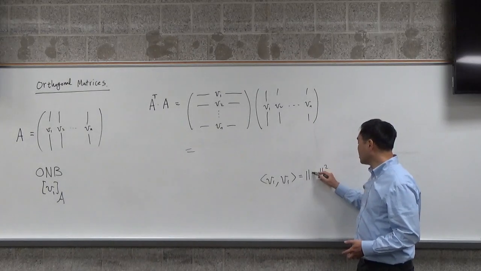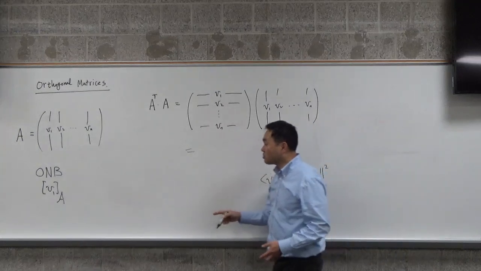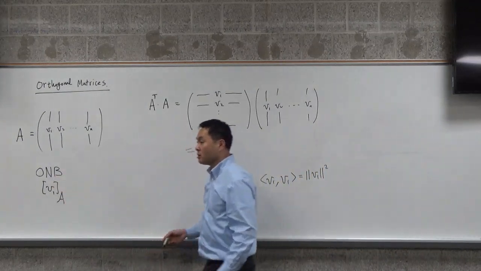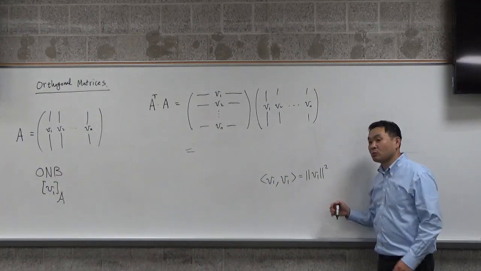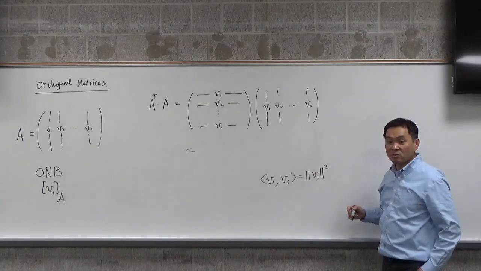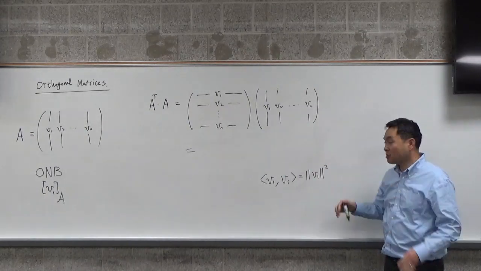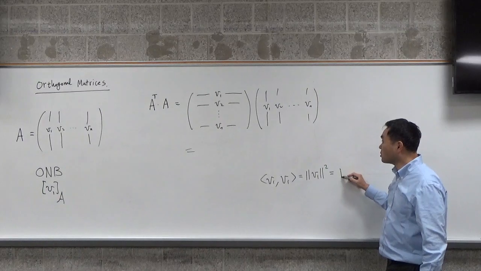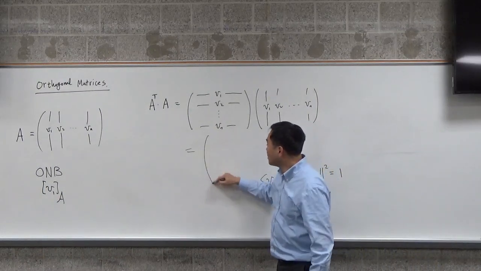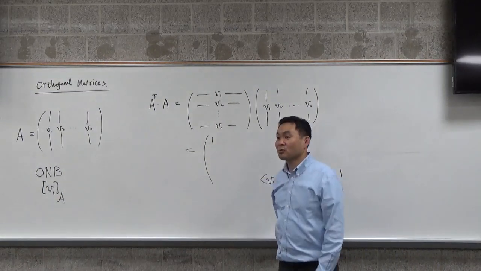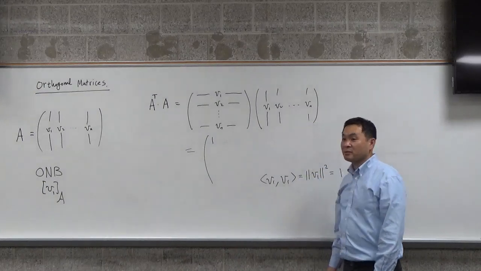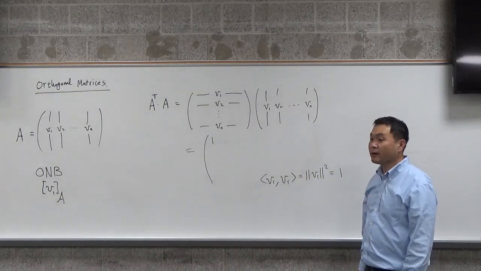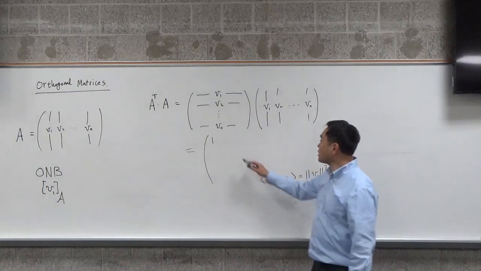Because V1 is from an orthonormal basis, what's the size of V1? It's 1, because it's normalized. We made everything unit vectors. So the far top left corner should be 1.